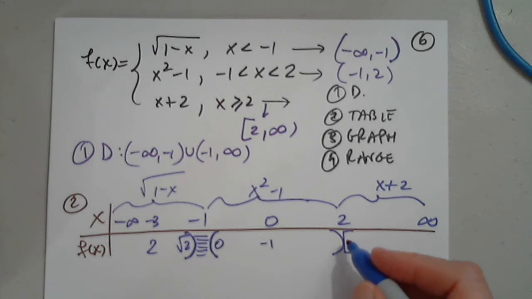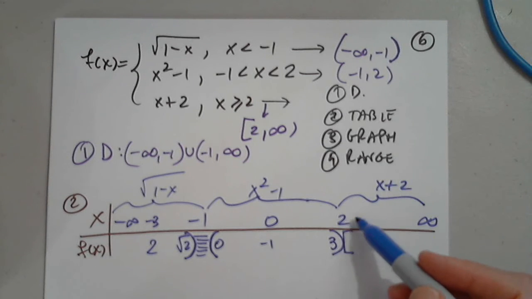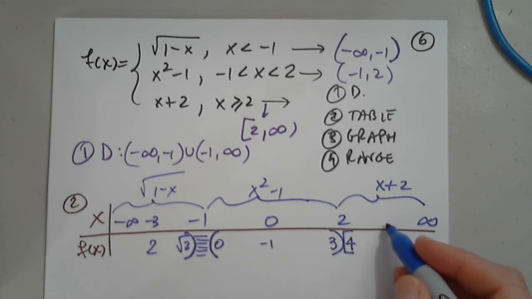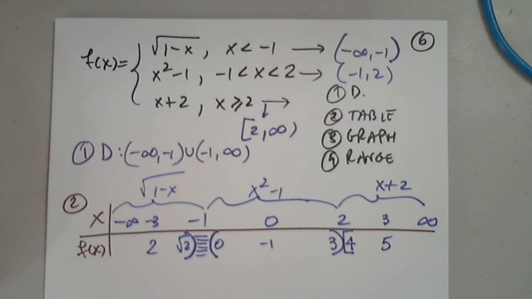What about for 2? Very good. What about for 2 here? Inside the bracket. And let's also look at 3. What do we get? 5. Excellent. Any questions so far? Is this function continuous at 2?